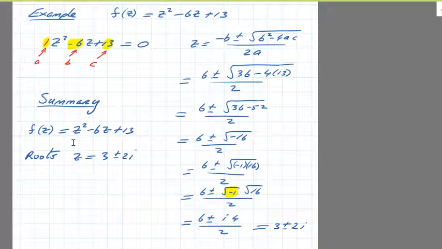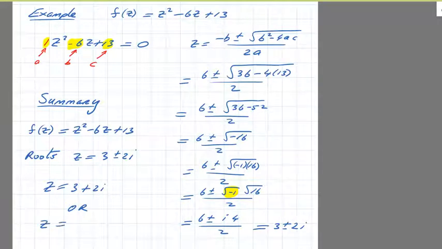Now, the other thing I want you to notice is that the roots are actually conjugates of each other. So that's z is equal to 3 plus 2i, or z is equal to 3 minus 2i. When you factorize a quadratic that has a minus under the root, the roots are conjugates of each other.